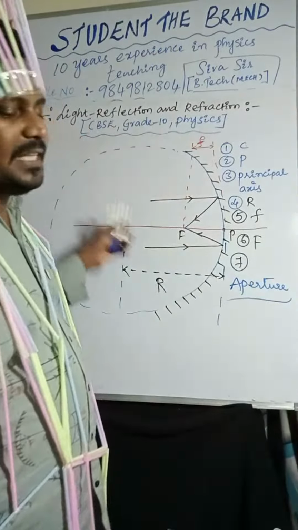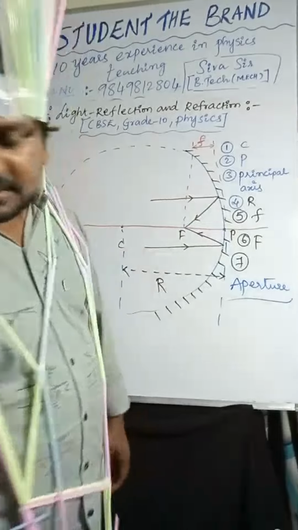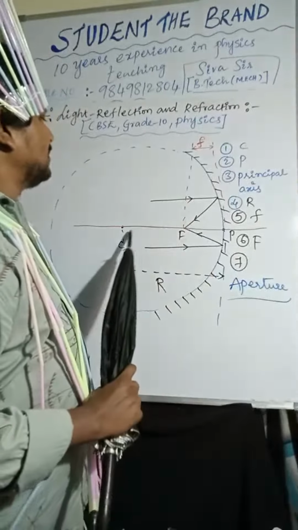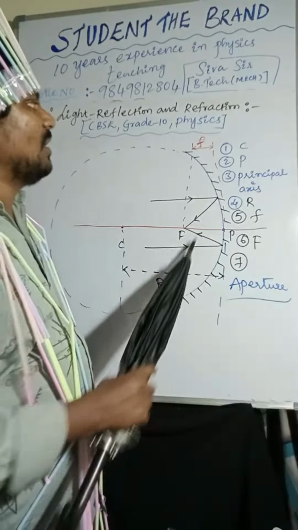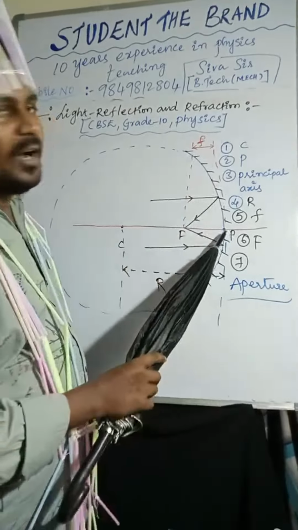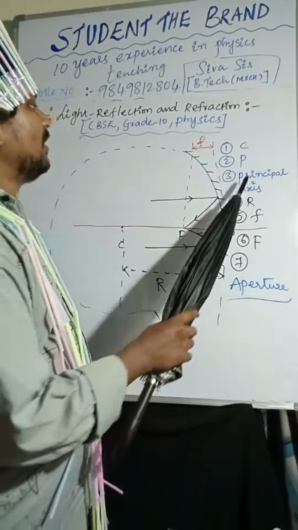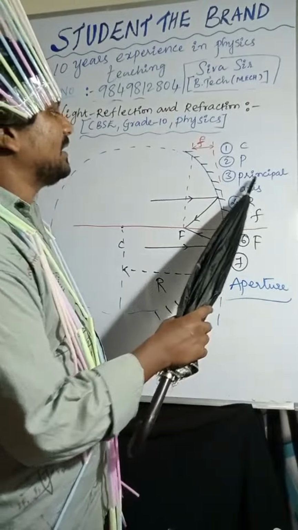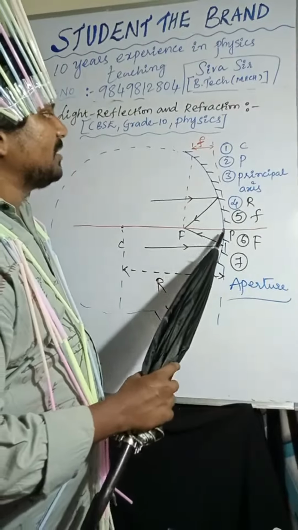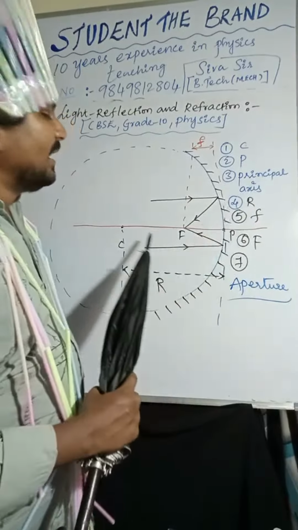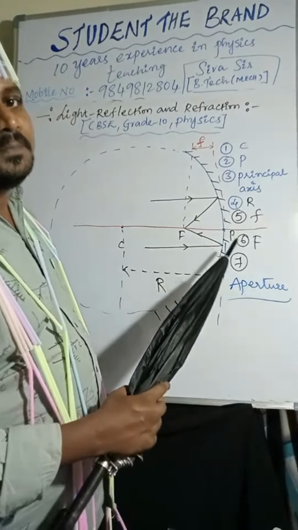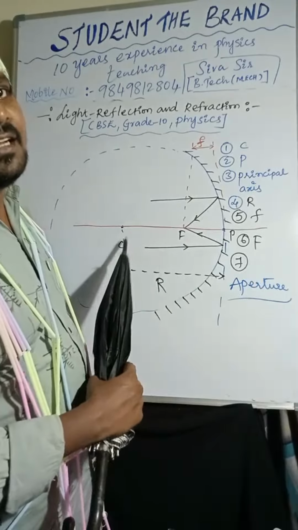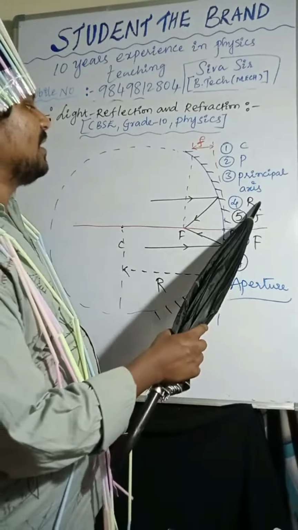Center of curvature: the center of the imaginary sphere of which the mirror is a part. Midpoint of the mirror is called pole. The line joining the center of curvature and pole is called principal axis. The distance between center of curvature and pole is called radius of curvature.